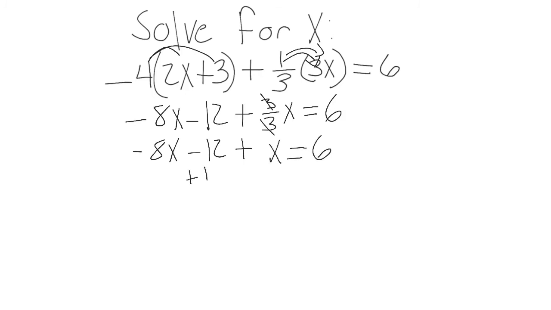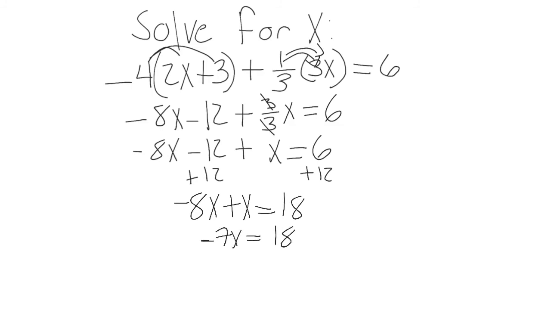I'm going to add 12 to both sides to get rid of this. Now I'm left with negative 8x plus x equals 18. We'll combine like terms here. We have negative 7x equals 18. My last and final step, divide by negative 7 here.